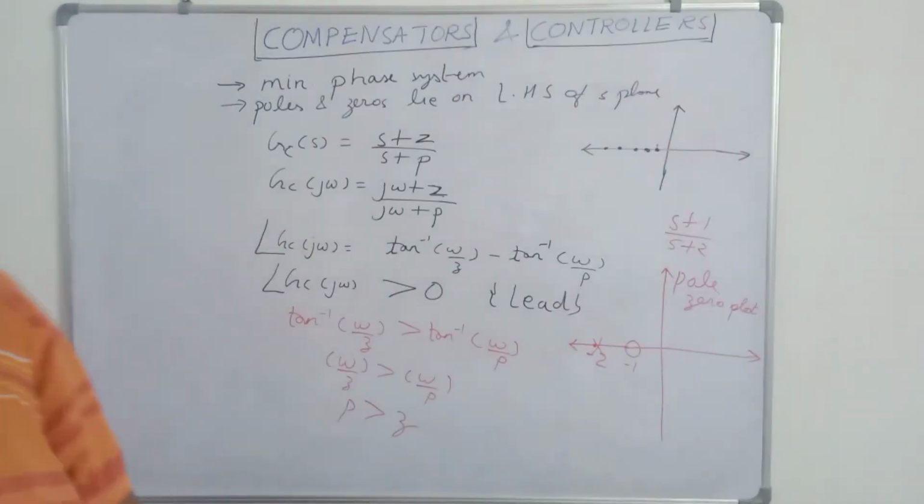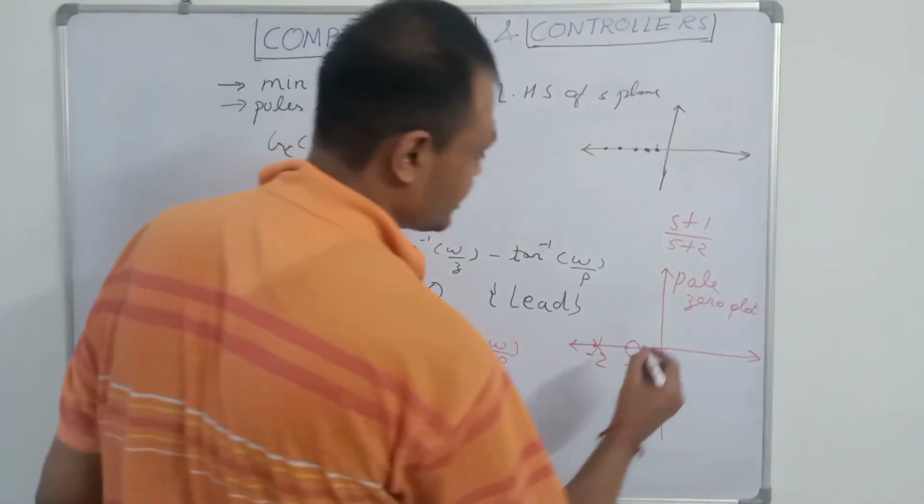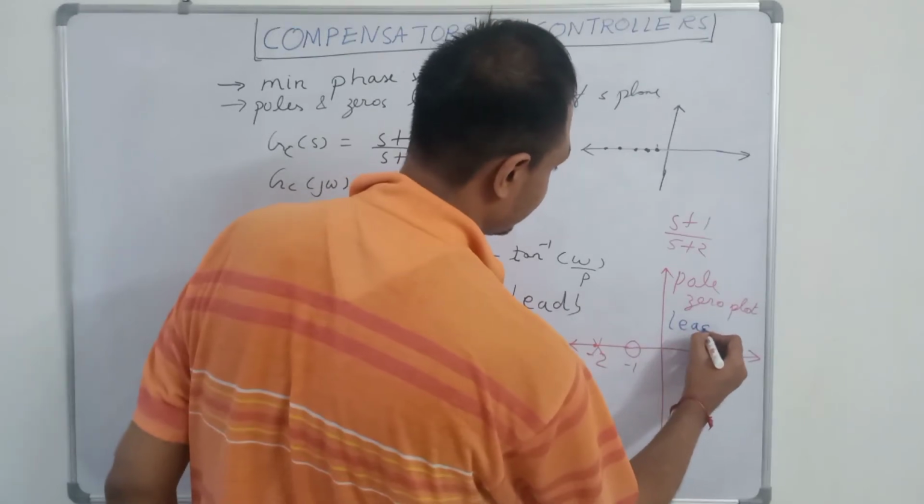It is called a lead compensator because the angle is leading, the angle is greater than 0.